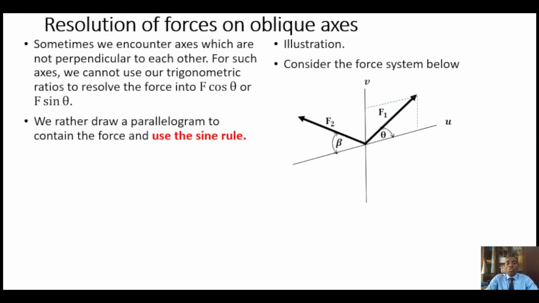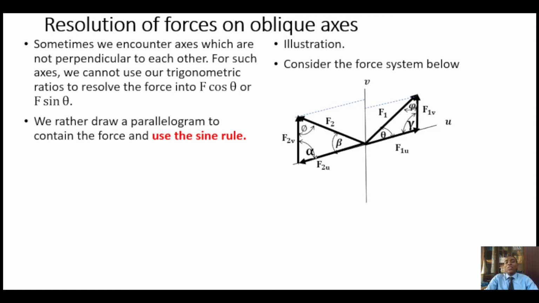What I will do is draw a parallelogram to contain the force, then the component of the force along the V axis becomes F1V, and along the U direction, F1U. Similarly, I'll draw a parallelogram around F2, and resolve it into F2U along the U axis and F2V along the V axis.